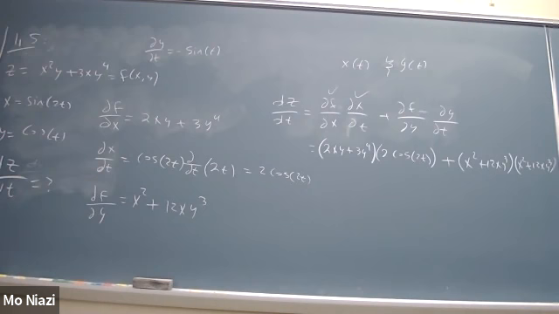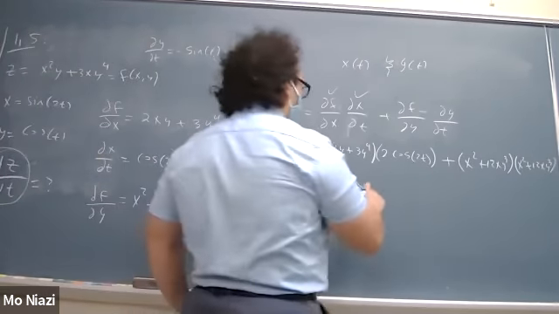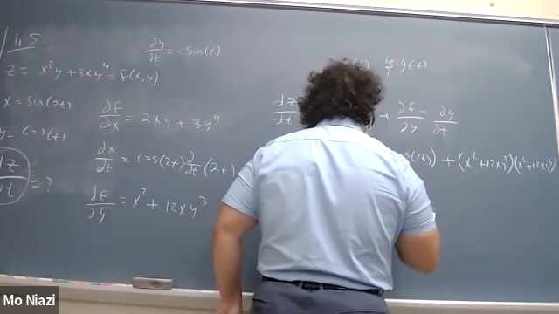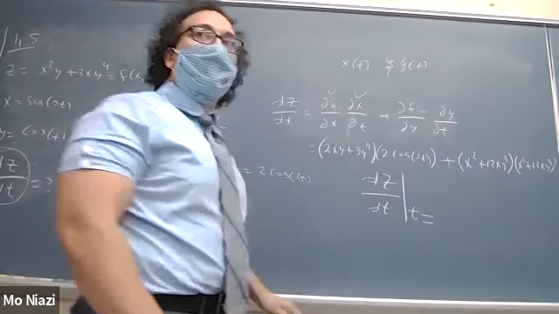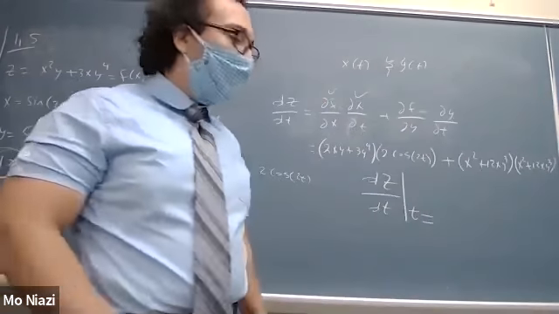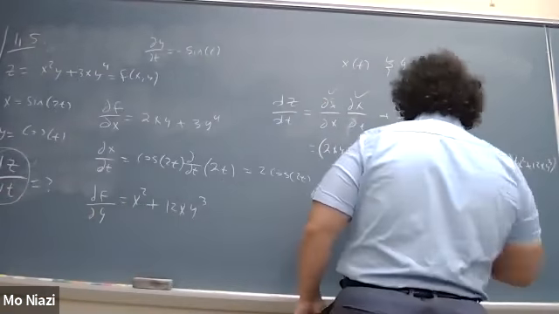Sometimes they won't just ask you what is the total derivative of z with respect to t. Sometimes they'll say, okay, find that and then find partial z, partial t, such that t is set equal to some value. All right. So for instance, why don't we just set t equal to 0?